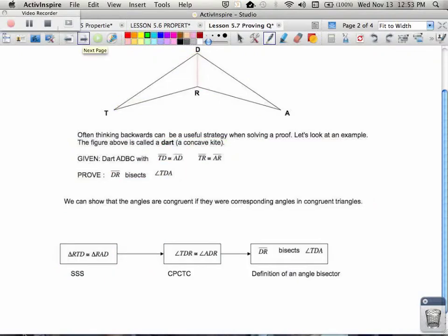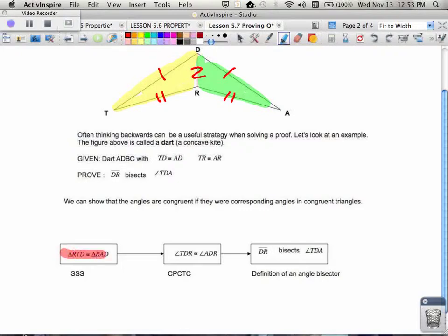Well, as I look at these two triangles, the green triangle on the right and the yellow triangle on the left, I already knew from my information that these two sides were congruent and these two sides were congruent. And so if I could show somehow that the middle side was the same as itself, I would have two congruent triangles by side, side, side.